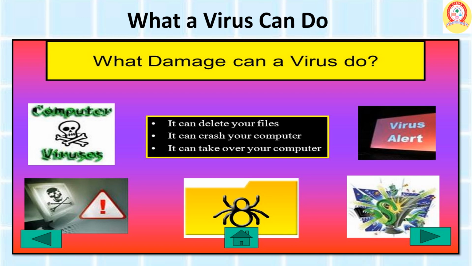It can infect disks by attaching itself to a special program on the hard disk called boot records. These are the programs that the computer uses to start itself up. It can infect files that are attached to email messages or copied to disk and pen drive. In this manner, it can spread from one computer to another computer. This is the work of a virus.